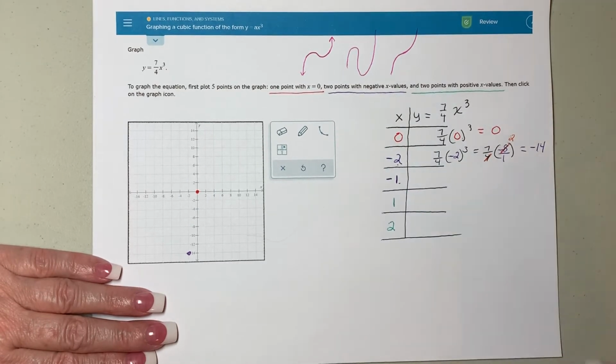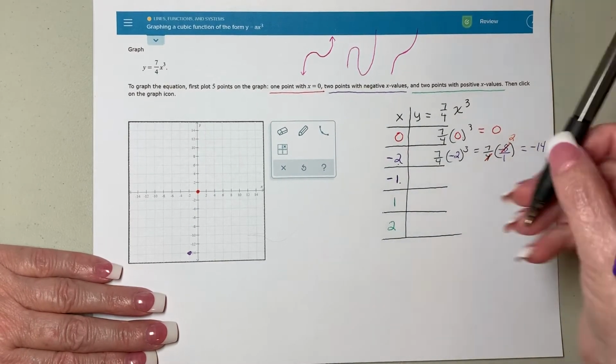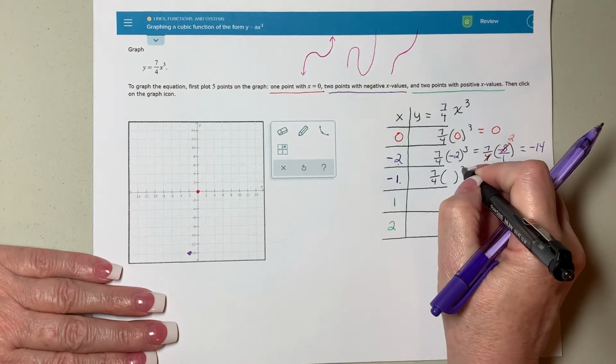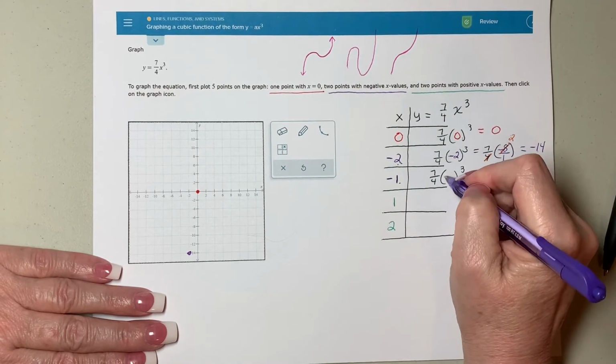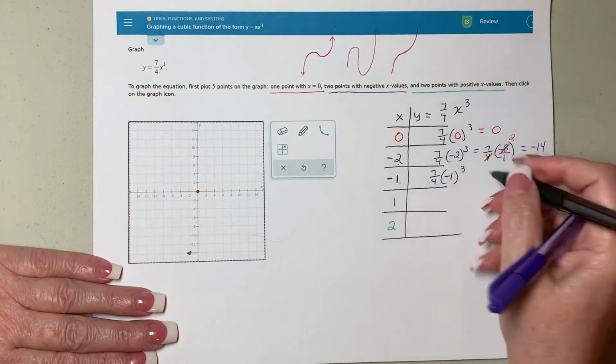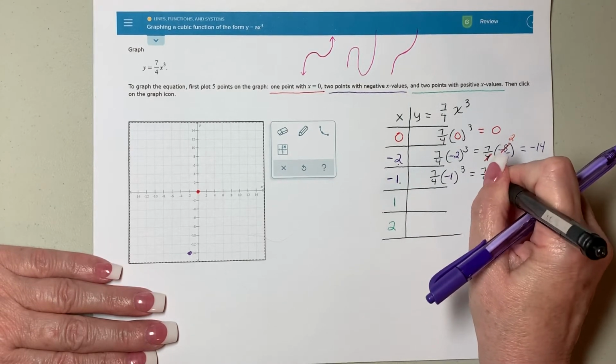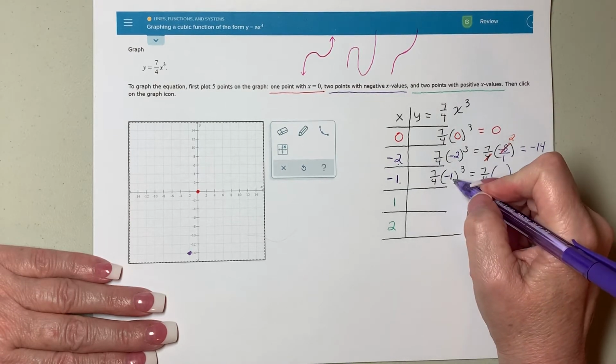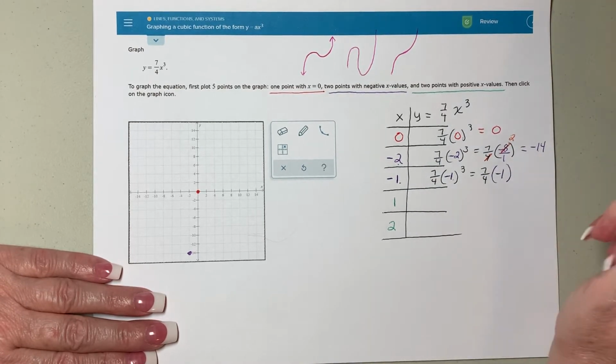And then the next one's a -1. This is going to be 7/4 times -1 cubed. Well, that's going to be 7/4 times -1 times -1 times -1, which is -1.